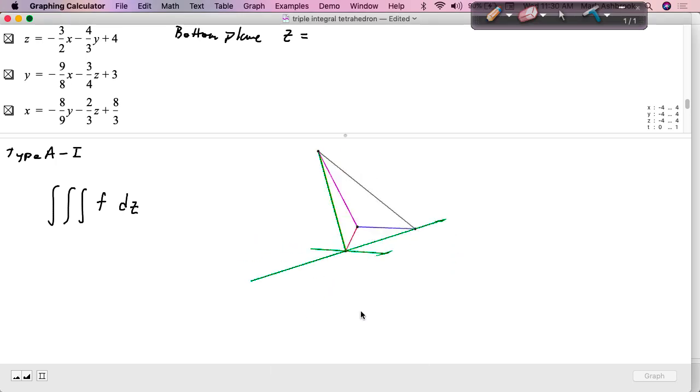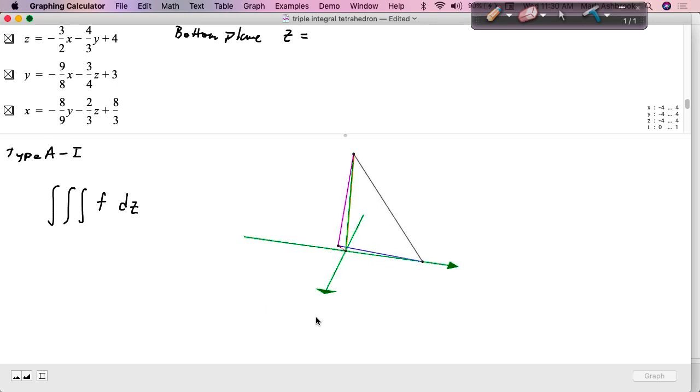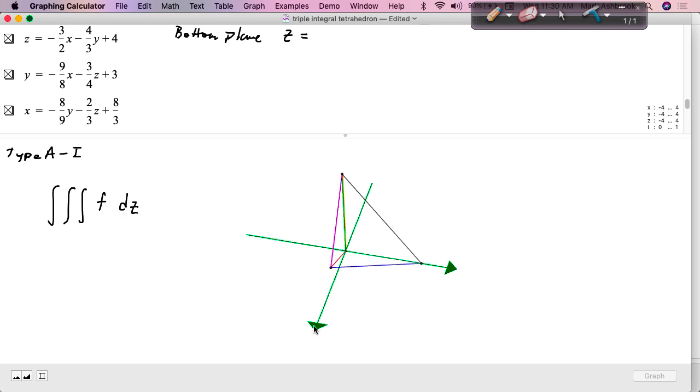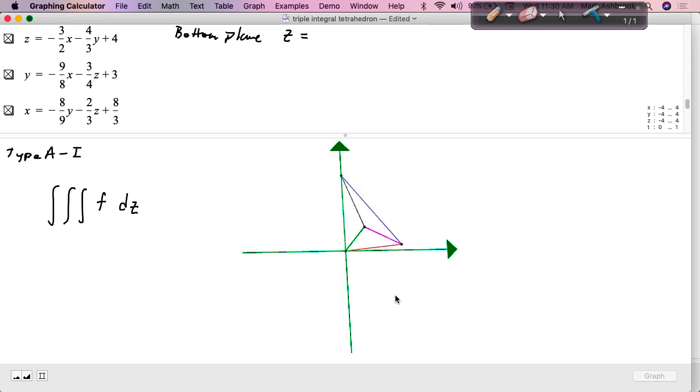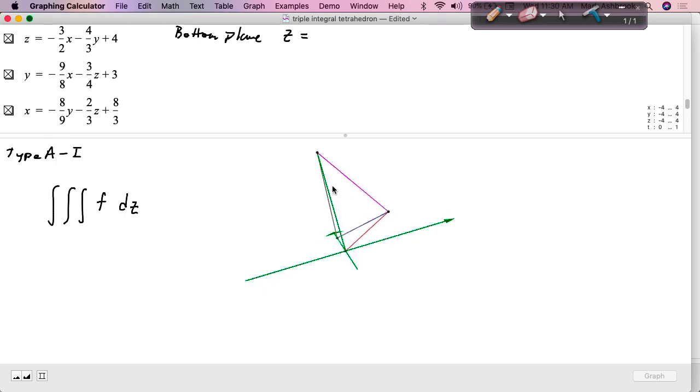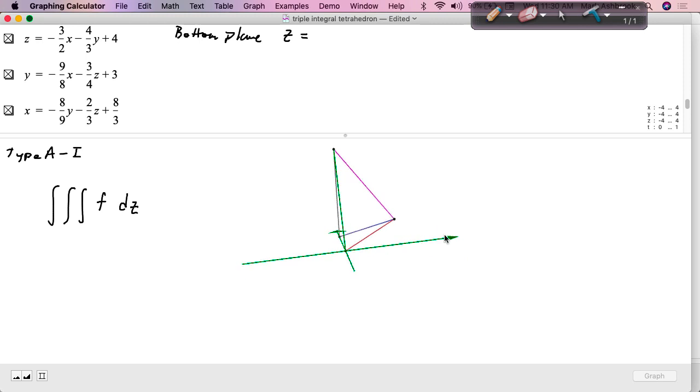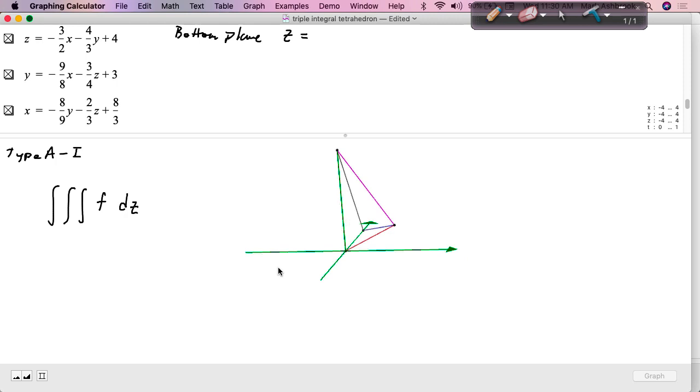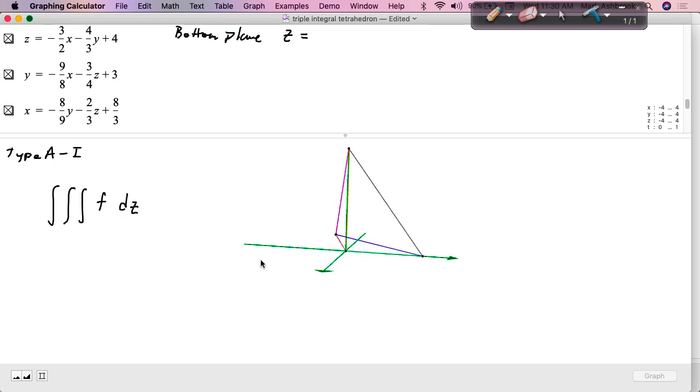What function of x was it? 1/2 x? Very good. Is it negative? I think it's positive. Positive, because if we look in the xz plane, we're just talking about this plane right here, which is x to the right, z up, that's 1/2 x. Okay, so z is 1/2 x.